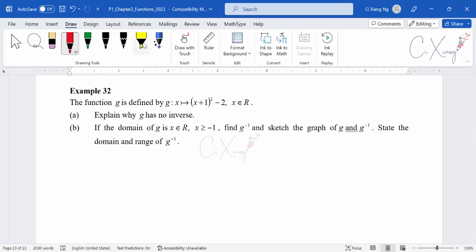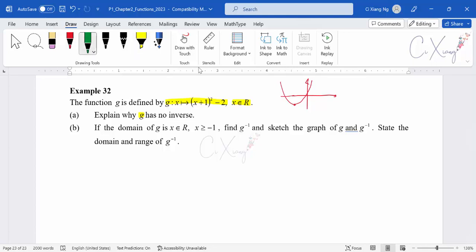So first of all, they are saying that I have the function g, and x can be any real number. They are asking why g has no inverse. When you look at g, you know that the minimum point is (-1, -2). So your g will look something like this. I didn't draw it very clearly. And they said x can be any real number, so we are considering the whole U shape.